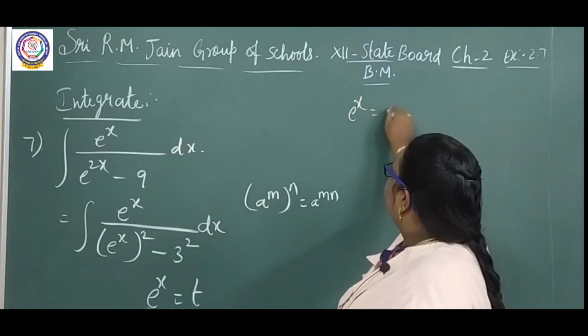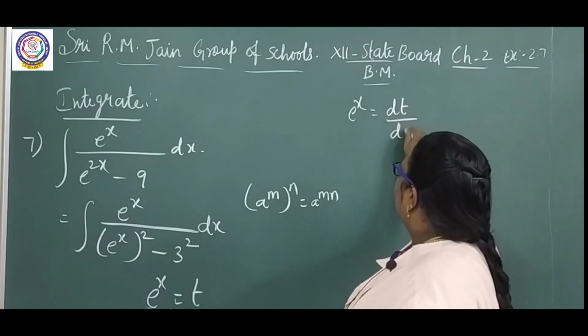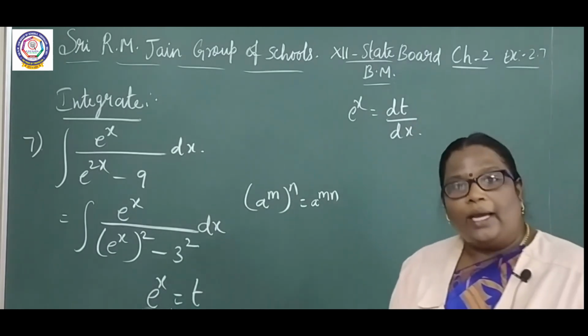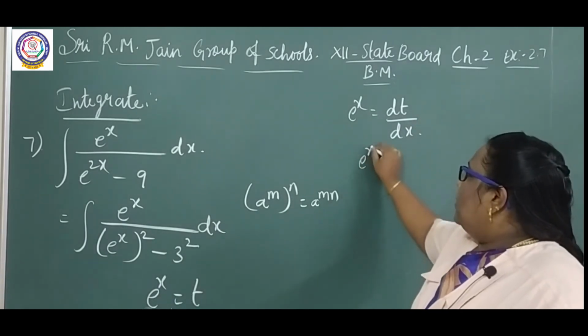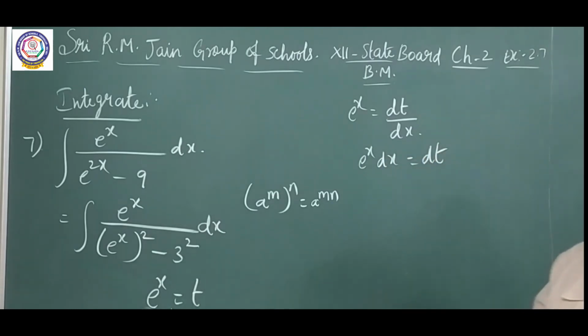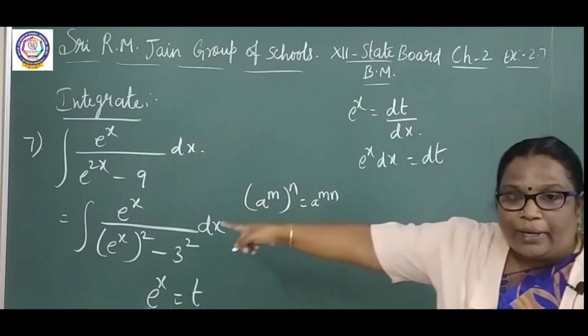E power x equal to dt by dx. Whenever y differentiate you can write dy by dx. The same way t differentiate dt by dx. E power x into dx equal to dt. So, you can apply there.